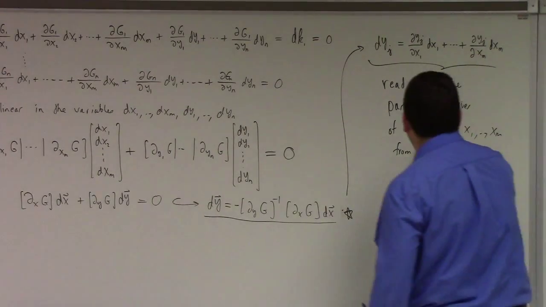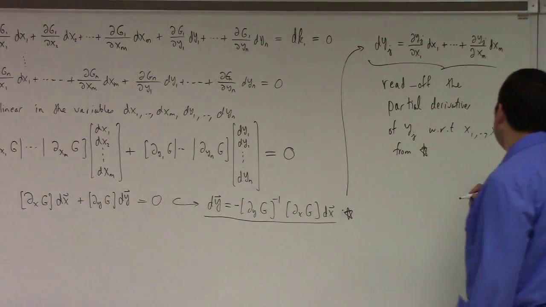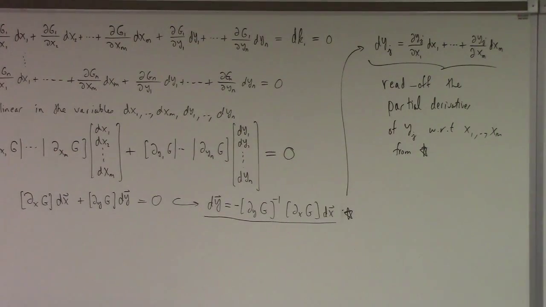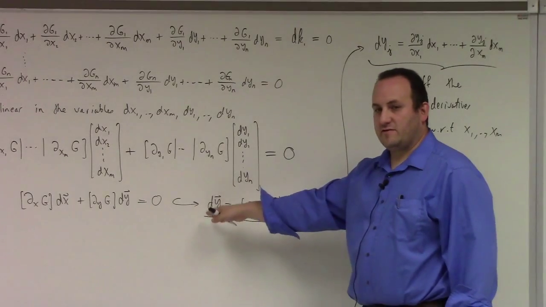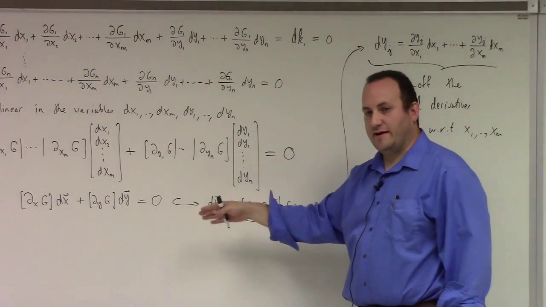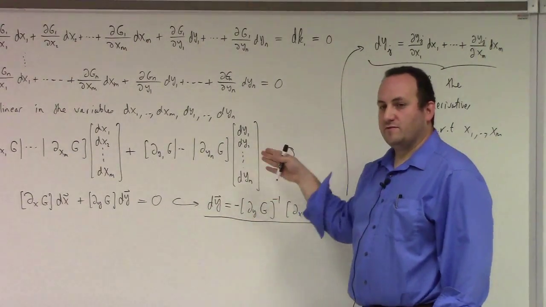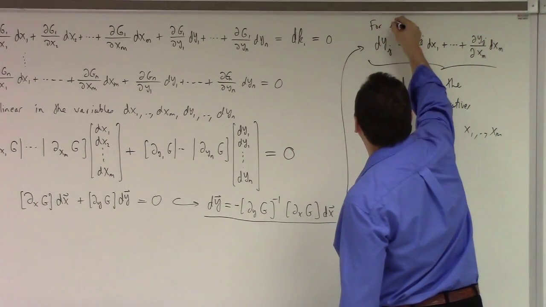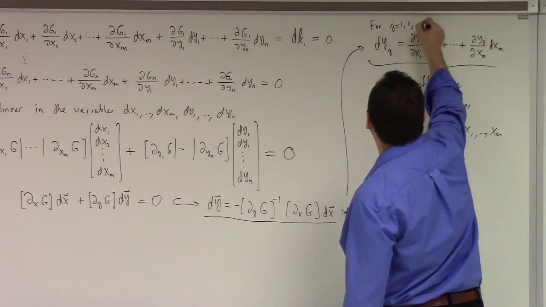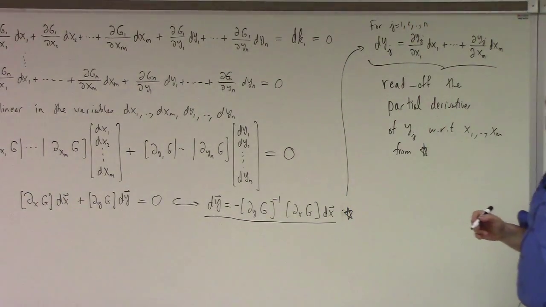The dy vector is dy1, dy2, up to dy_n, and I get this for j equals 1, 2, up to n.